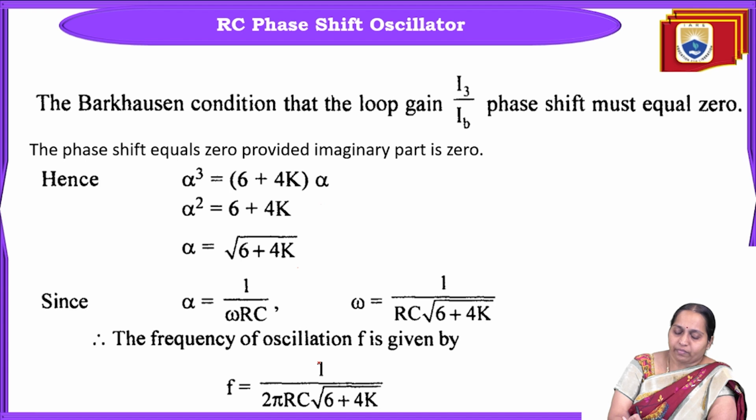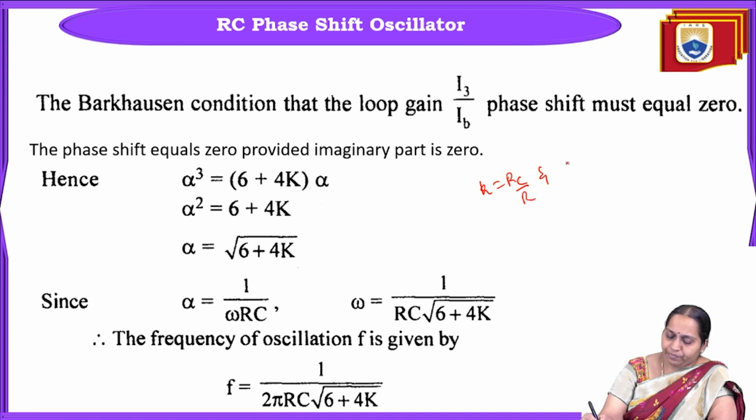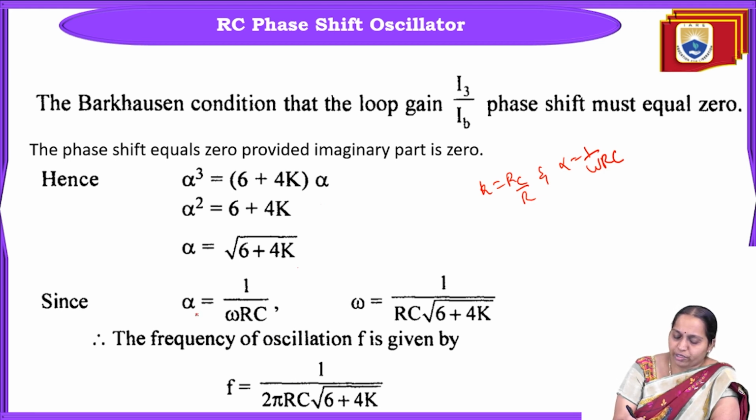But what did we assume? We have assumed that k equals Rc by R and alpha equals 1 by omega RC. So substituting this, what do we get? Root over 6 plus 4k equals alpha.